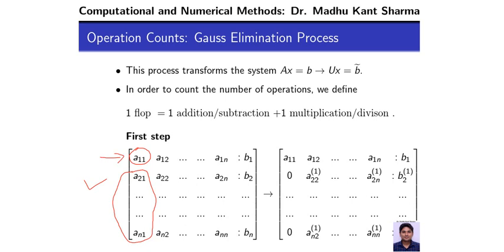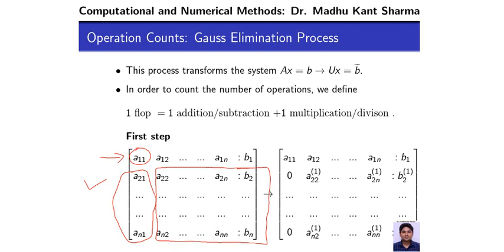By using the first row, you create zeros instead of a21 to an1, and parallelly the other entries are also updated by operations. So here zeros are created, not computed, and the other entries are computed.